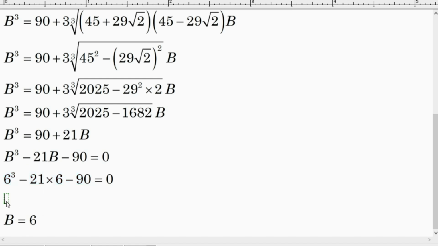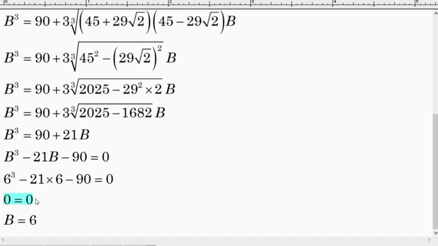So 6 cubed is equal to 216, and then minus 21 times 6 is equal to 126, and then minus 90 equal to 0. 216 minus 126 is equal to 90, and then 90 minus 90 is equal to 0.